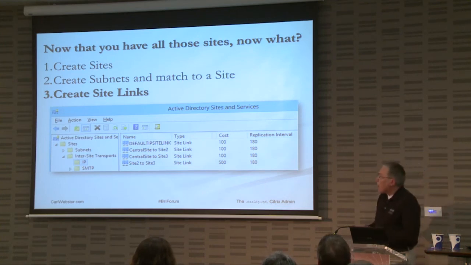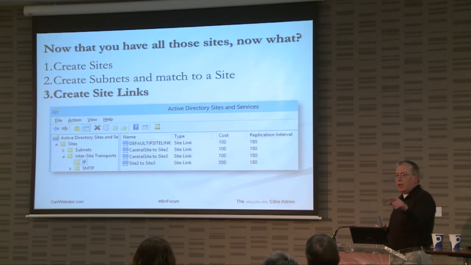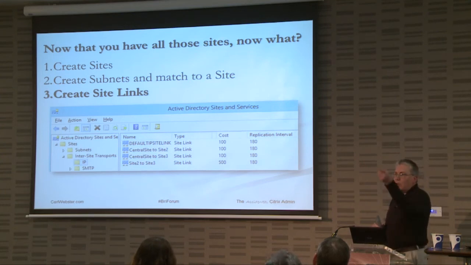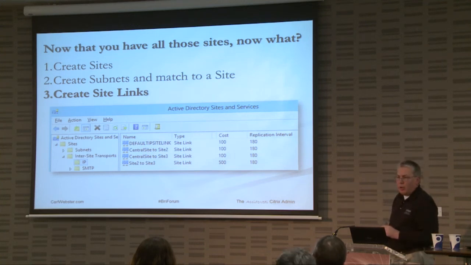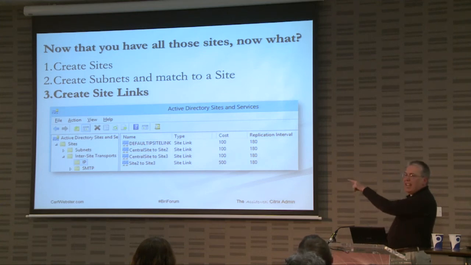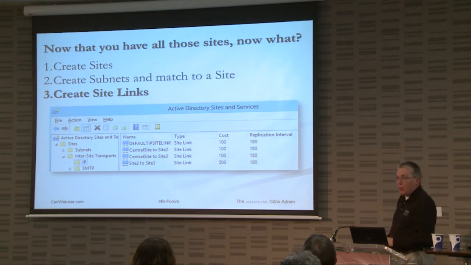What does that mean? Going from central site to site 2 has a cost of 100. Central site to site 3 has a cost of 100. If for some reason site 2 needs to do something over to site 3, that's going to go from site 2 up to the central site and down to site 3 at a cost of 200, because KCC knows that we don't send any replication traffic directly from site 2 to site 3, since it has a cost of 500.